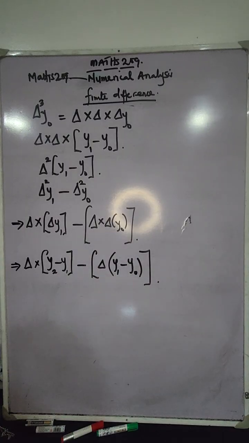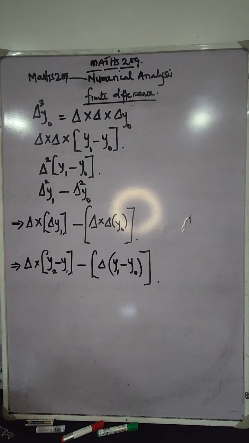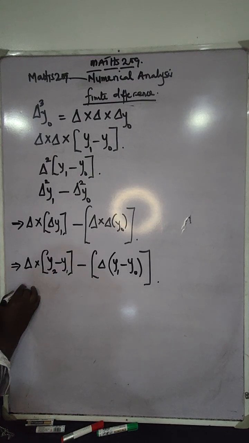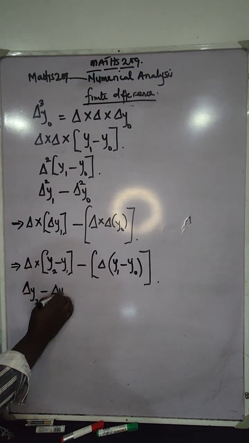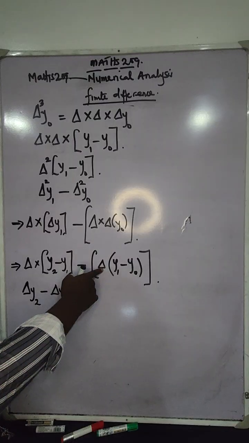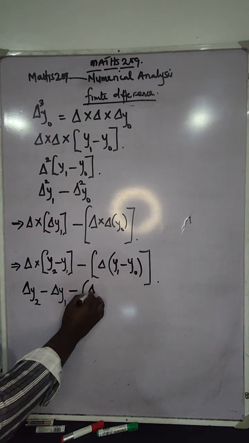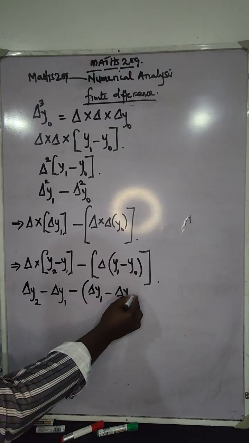Did you see that? And so from here, we can say that the same forward difference can also multiply, right? And if those forward differences multiply this, you have the forward difference of y2 minus the forward difference of y1, right? Minus, so what is the forward difference? This is the forward difference of y1 minus the forward difference of y0.